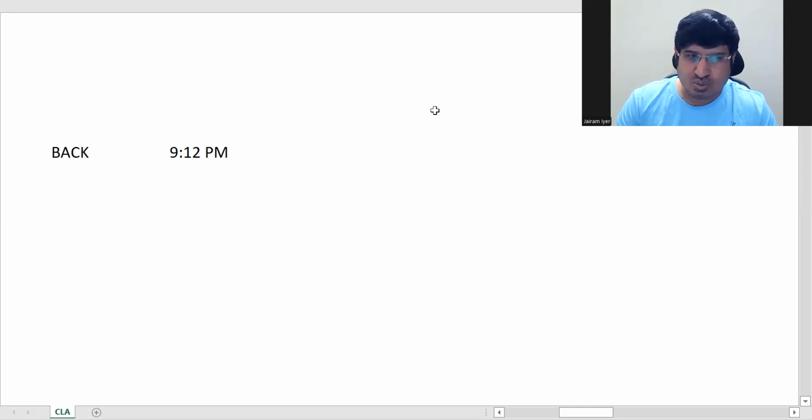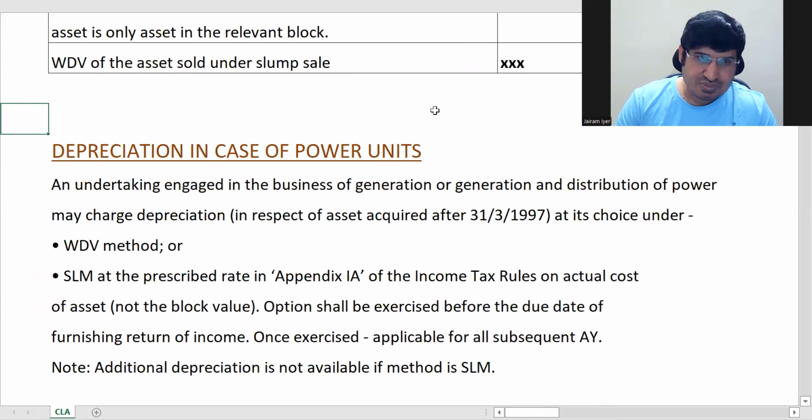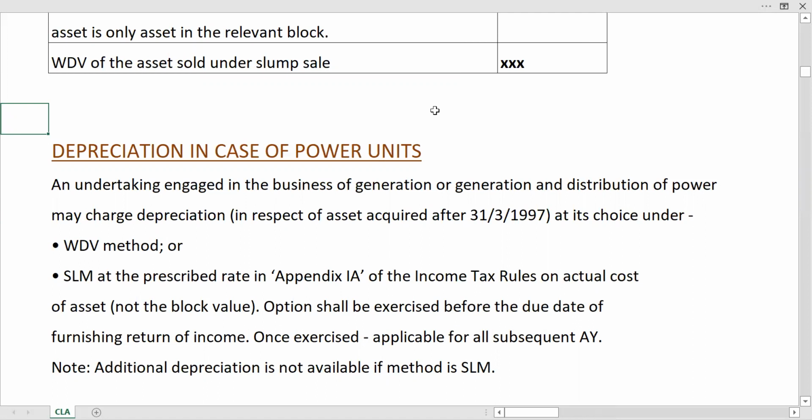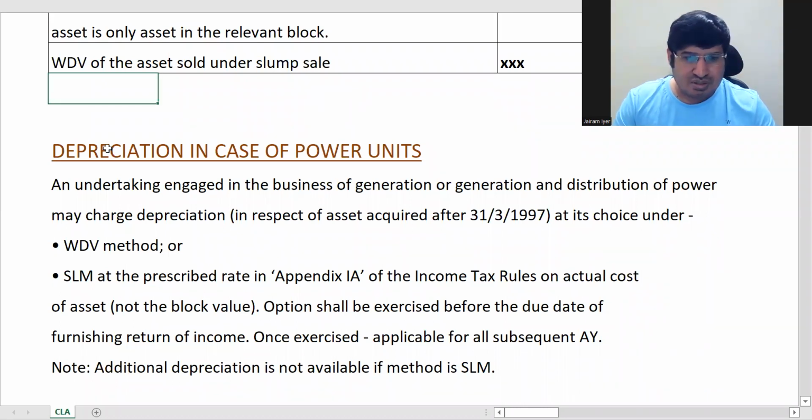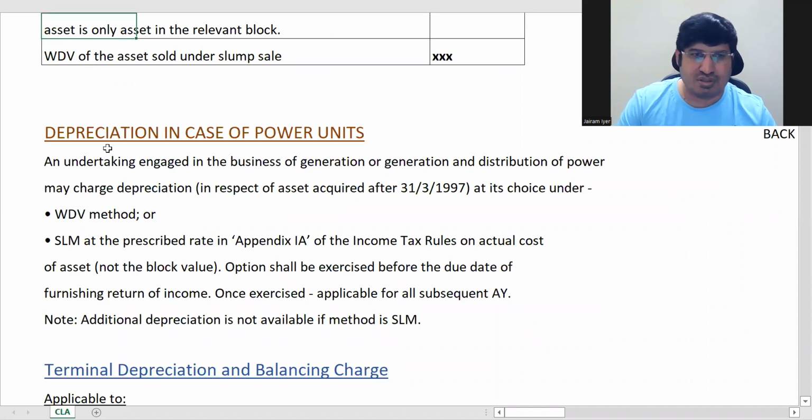Okay, so we'll continue. So next part is depreciation for power units.